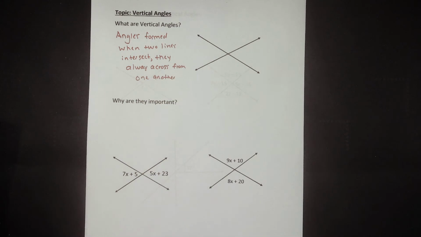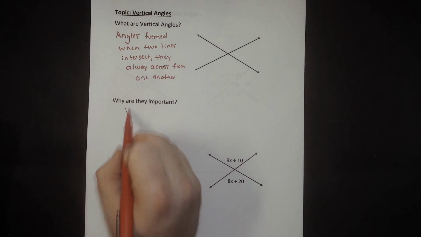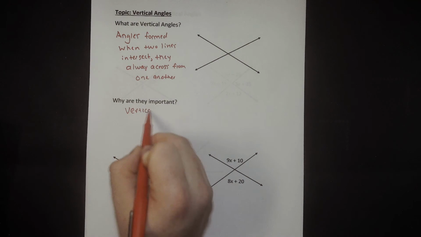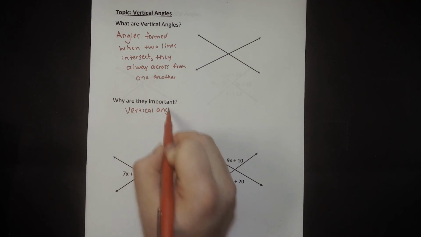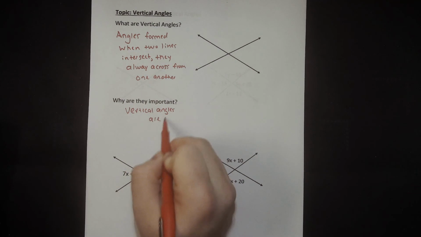Why are they important? Because vertical angles are congruent.